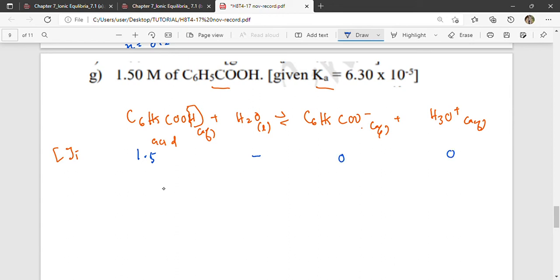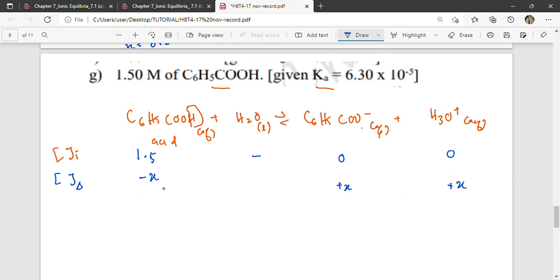For weak acid or weak base, we need to come up with the table. Then the change in concentration will be minus x, and since it is 1 mole, plus x and plus x.